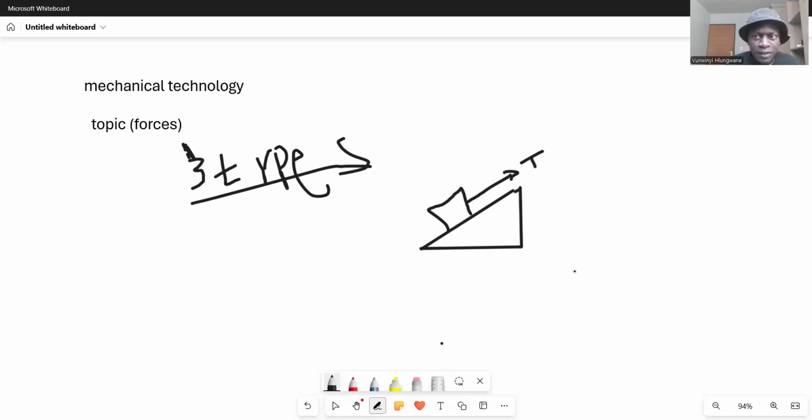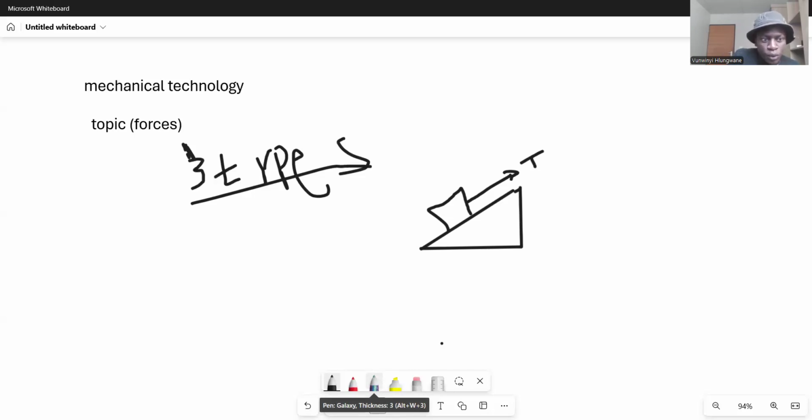It can be pulled by different things. A block on an incline can be pulled, and therefore it goes upwards or goes downward.